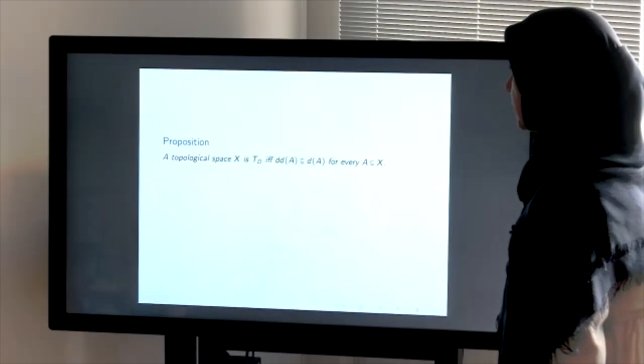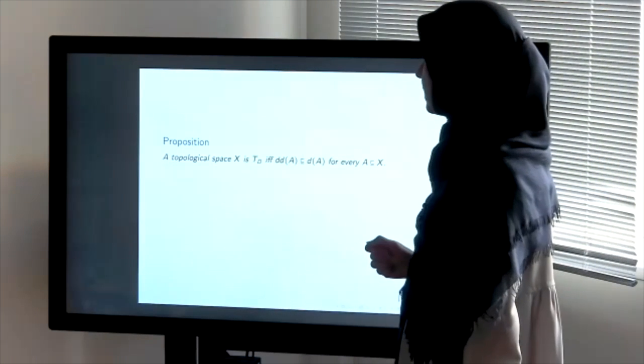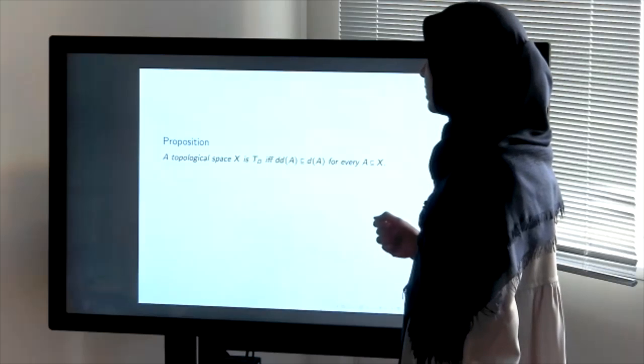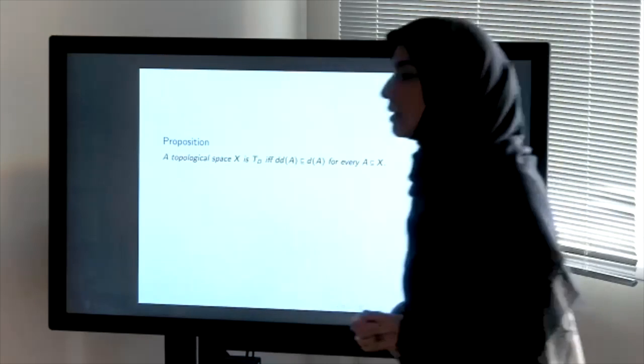Another condition that we can prove for a TD space is that the topological space is TD if and only if D of D of A is a subset of D of A. Let's see the proof of that.